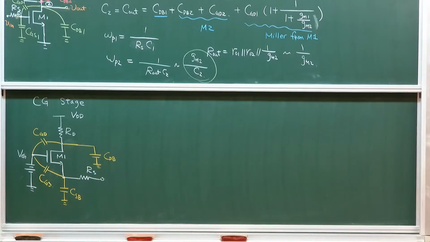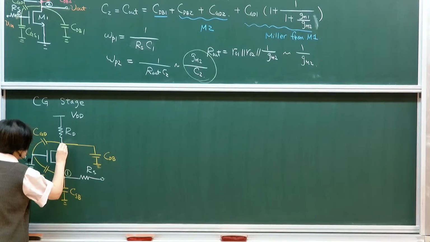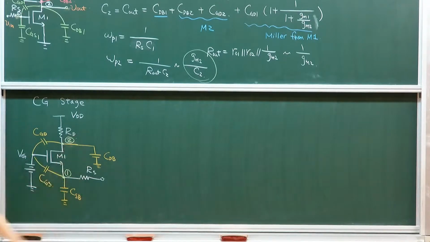So I have input node, node number 1, output node, node number 2. That will simply introduce my 2 poles. If you look at this circuit, there's no Miller capacitance. The main feature of a Miller capacitance is that it feeds from 1 to 2.